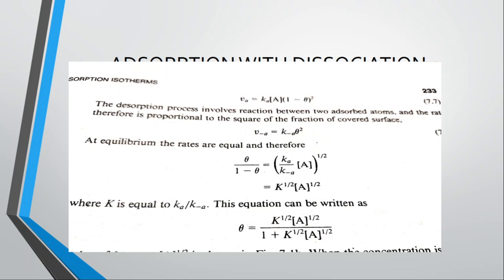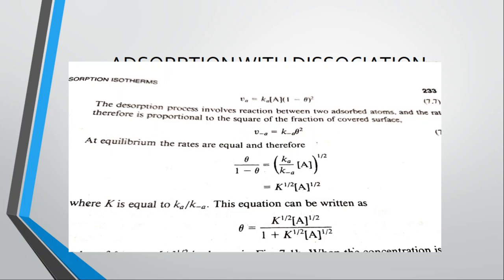The desorption process involves the reaction between the two adsorbed atoms, and the rate therefore is proportional to the square of the fraction of the covered surface. That is, the rate of desorption will be R minus A equal to K minus A theta square.